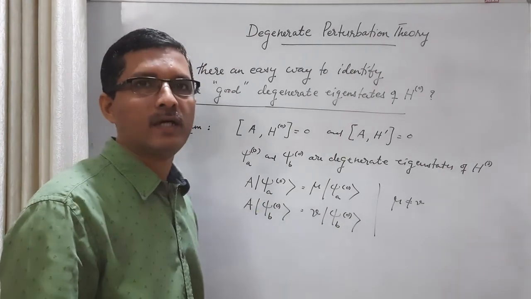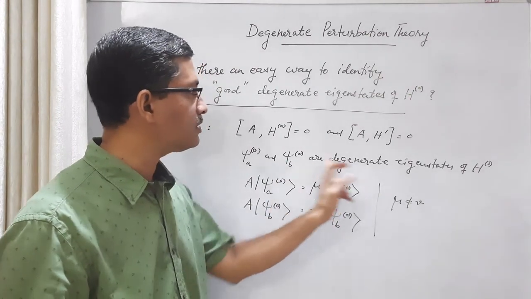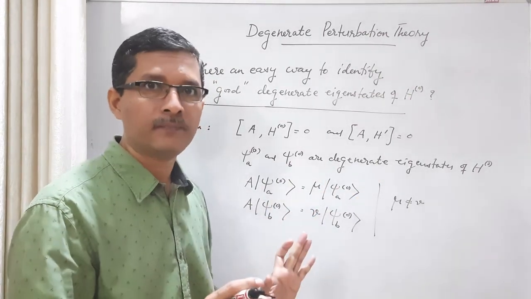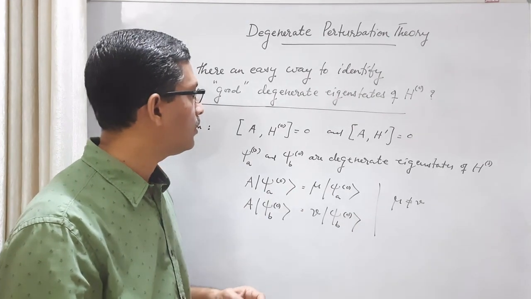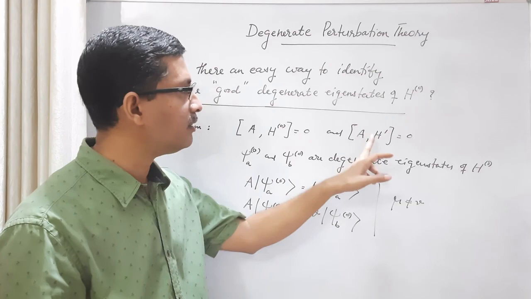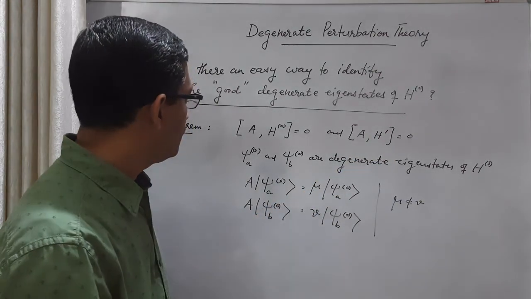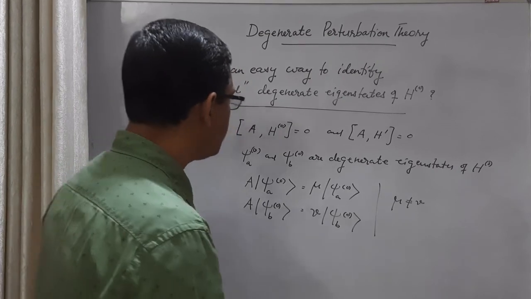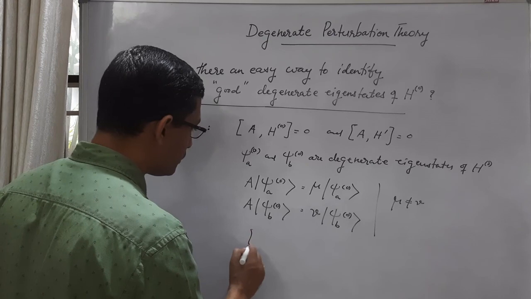Then we have to prove that psi A0 and psi B0, these degenerate eigenstates of H0, are a good choice for writing the matrix H prime. Okay, that's what we are going to show. So let us start like this. So we know these results. Now let's start with this equation.